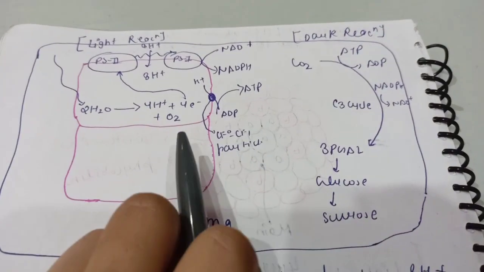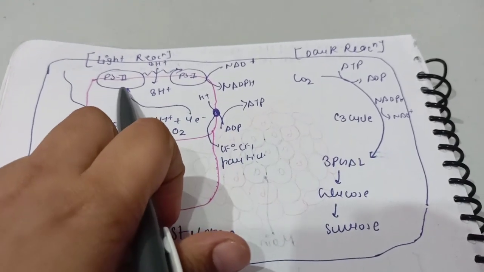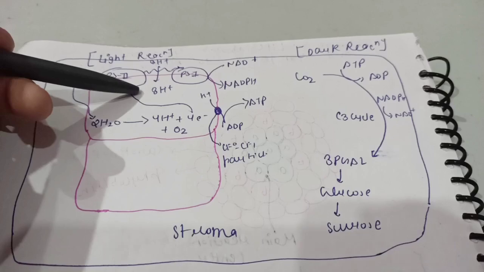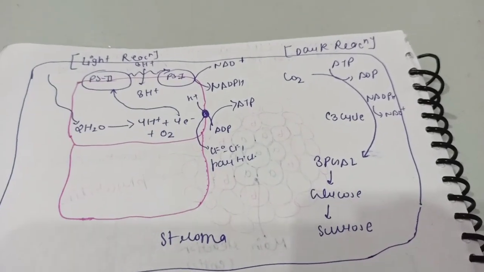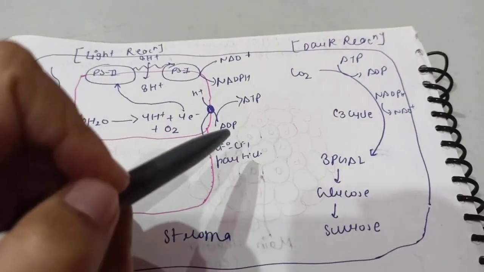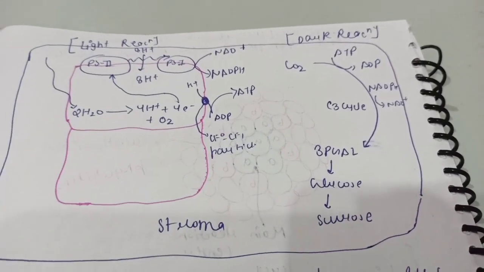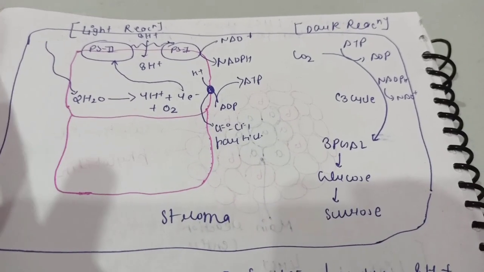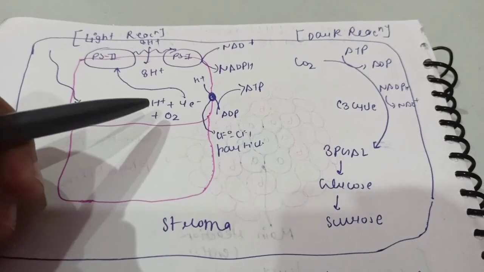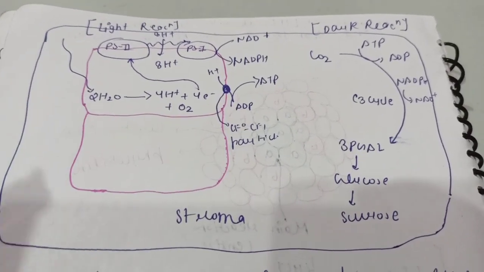The 4 electrons released in the thylakoid go to PS second. 1 electron leads to the influx of 2 H plus ions, so 4 electrons lead to 8 H plus ions influxed inside the thylakoid. 4 H plus ions are already present and 8 H plus ions get influxed, so in total the number of H plus ions in the thylakoid is 12.